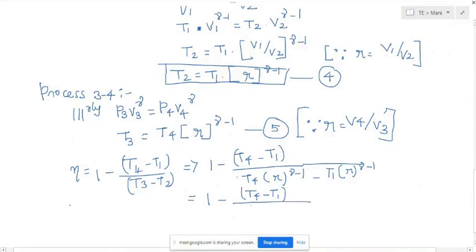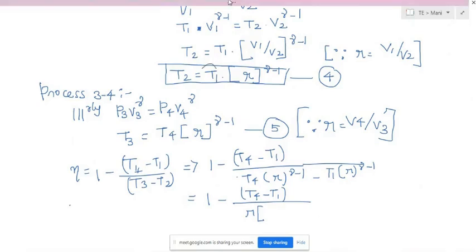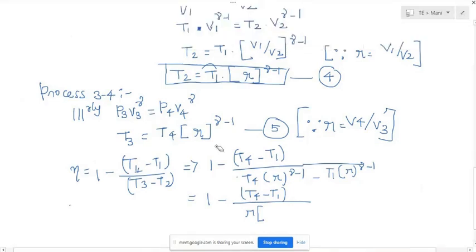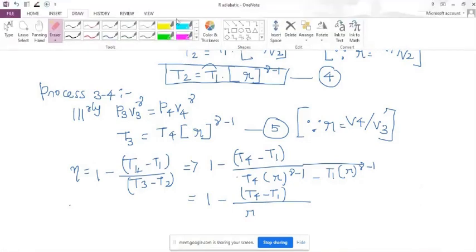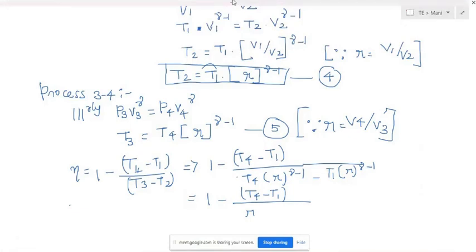So here, commonly taking outside r power gamma minus 1 into T4 minus T1, because of the same term r power gamma minus 1 we can take it commonly outside.